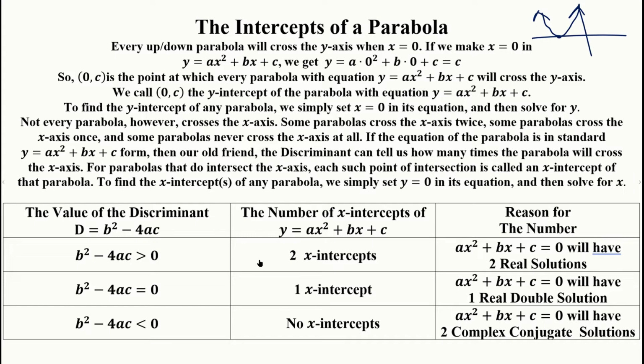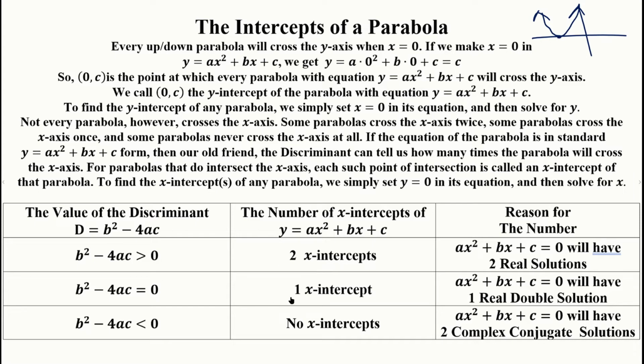At this point, we don't care whether those are rational or irrational. That's when we were solving quadratic equations; we were concerned with those things. Right now, we just want to know if they're real or not, because ax squared plus bx plus c equals 0 will have two real solutions when the discriminant is positive, so you'll have two x-intercepts.